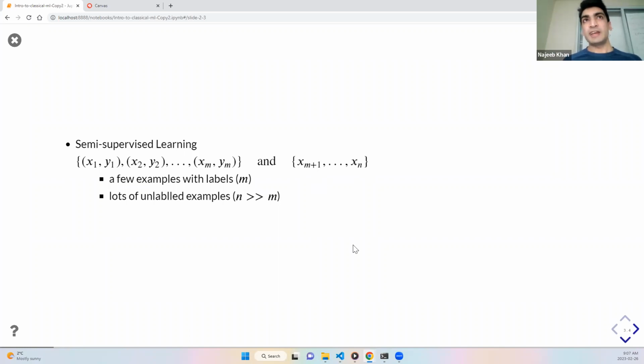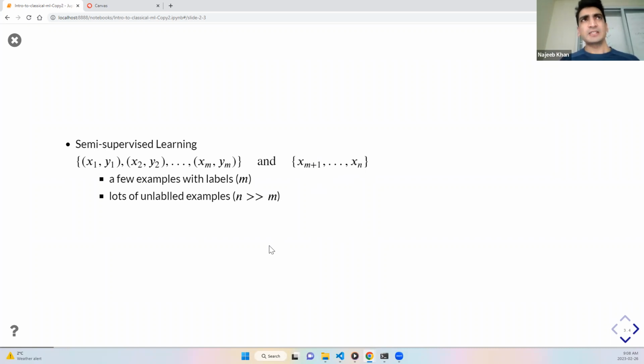As you know, labeling is a really tedious task. If you have a bunch of images, you would have to bring a bunch of radiologists to do the labeling for you. So semi-supervised learning helps us utilize a lot of unlabeled data as well.